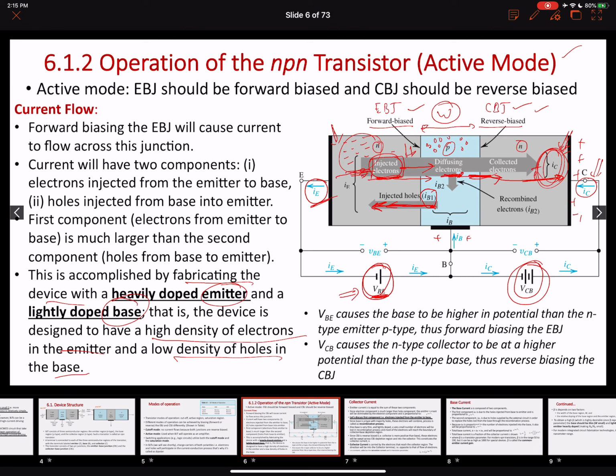So these injected electrons come to the base region, where some are lost in the recombination process. The rest are swept across the collector-base junction to the collector region. The value of this collector current will be proportional to the exponent of the biasing voltage over the thermal voltage. And what is this biasing voltage? Since the collector current is the same electrons coming from the emitter region, our biasing voltage is again VBE.